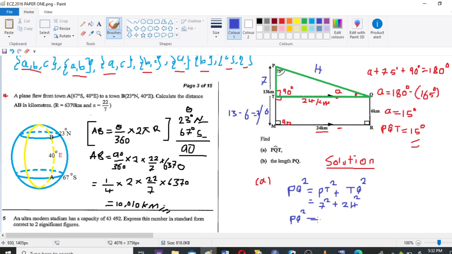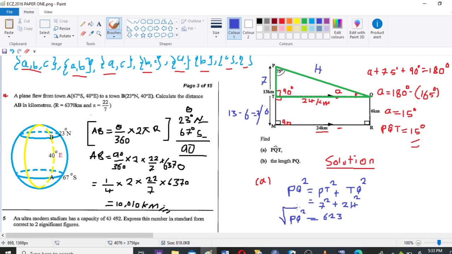So 49 plus 576, you are getting 623. That's what you are getting; you can confirm that.